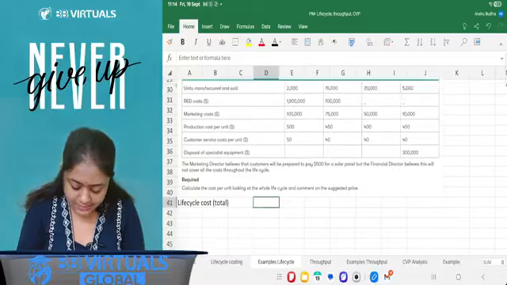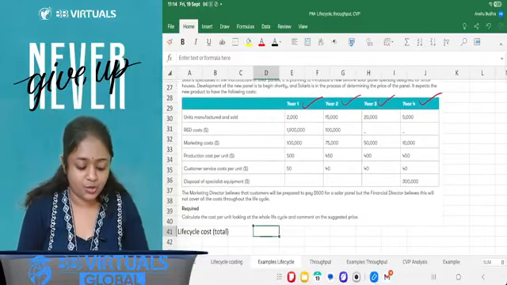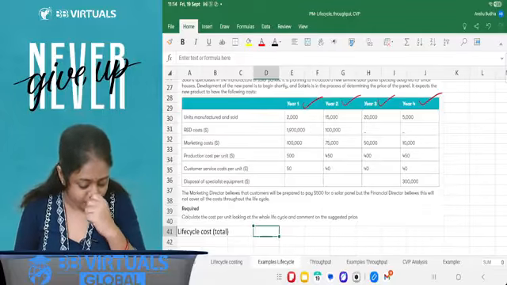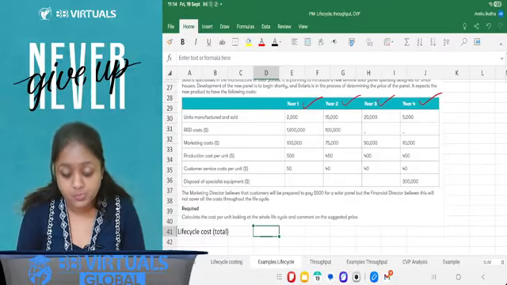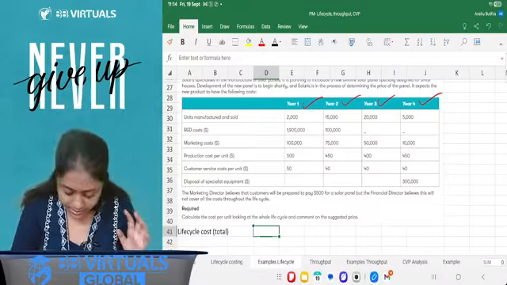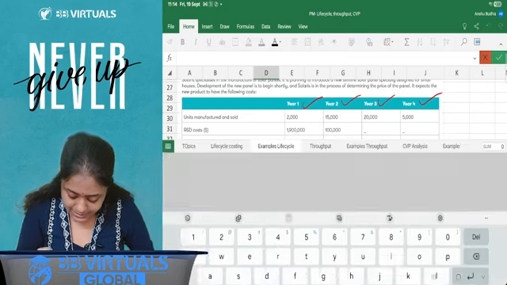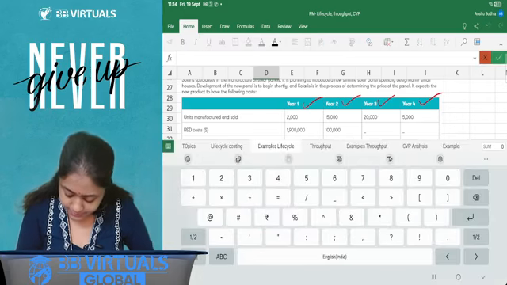Okay, what is the total life cycle? I'm sure guys you will be able to do it. So let's calculate. Here we have R&D cost, marketing cost, production cost, customer service cost, and disposal cost. Add everything. So I will just start with the brackets and let's quickly add on.